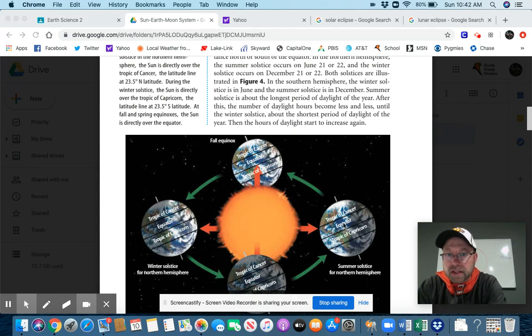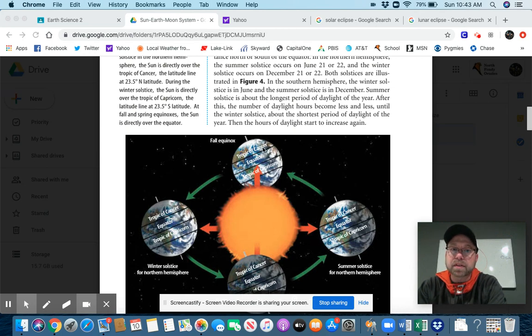Now, as we continue along, notice the tilt of the Earth doesn't change. But when we get alongside the sun over here, we call this an equinox. The equinoxes are in the spring and the fall. So if this is the first day of summer, and we continue on in our orbit around the sun, the next season that we have is fall.